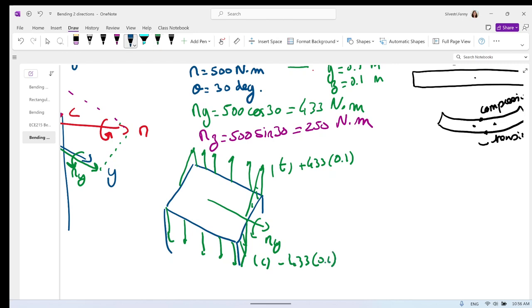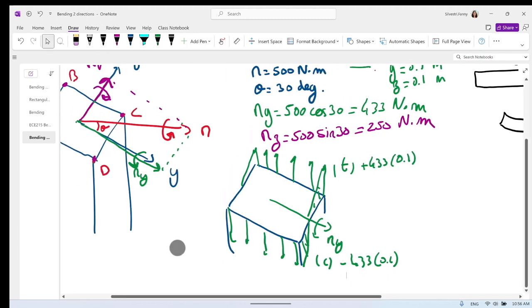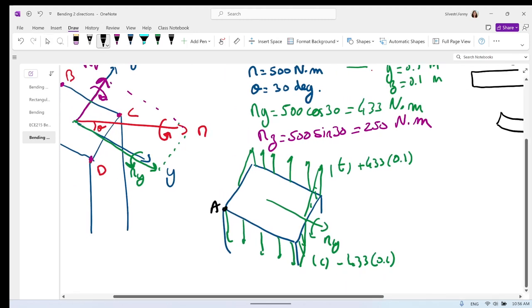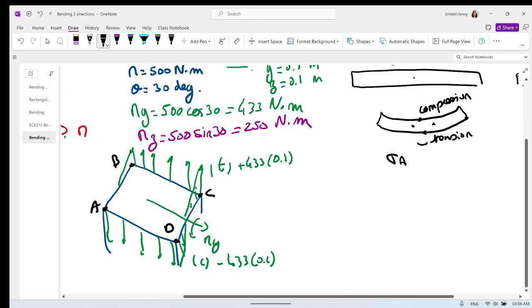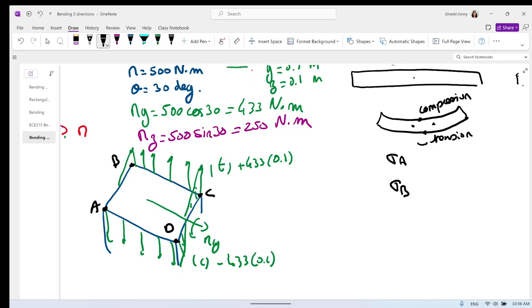So let's write for all our corners. Our corners, we have A, B, C, D, A, B, C, and D. So sigma A, sigma B, sigma C, and sigma D. Sigma A is in compression, so minus 433 times 0.1.